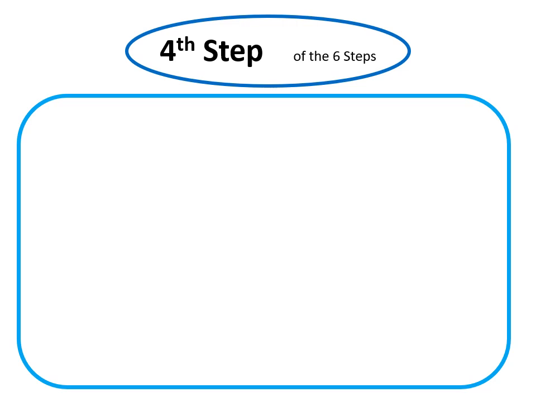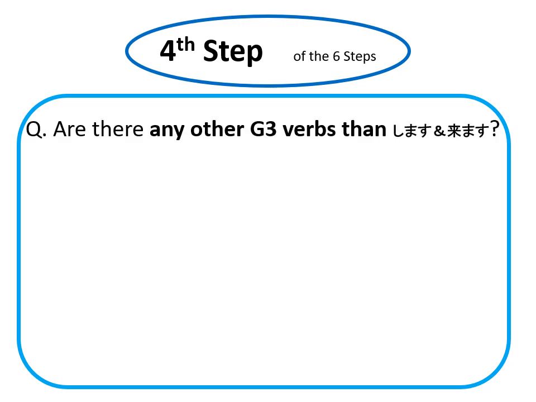Let's move on to the 4th step. Can you answer this question? Are there any other group 3 verbs than shimasu and kimasu? Yes, the answer has to be yes. Okay. But can you identify these verbs?